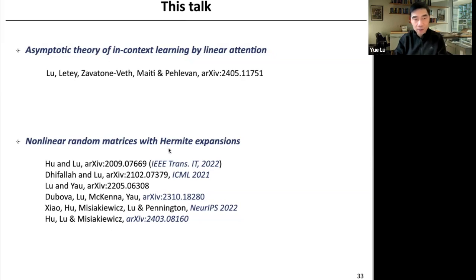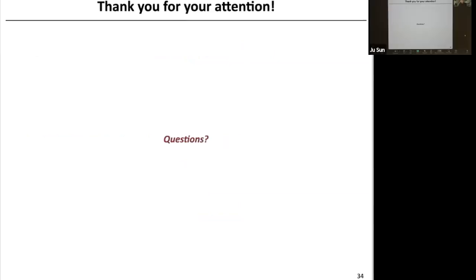In the second part, I briefly talked about the underlying mathematical tools that allow us to do this kind of analysis. It has to do with the so-called equivalence principle for nonlinear random matrices, or tensorized versions of random vectors. I'll be very happy to talk to you offline about the technical details. All right, thanks for your attention.